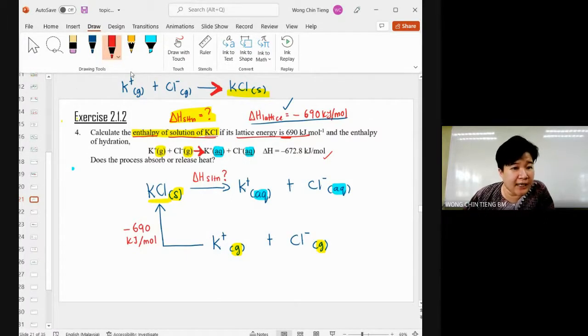Arrow menghala ke aqueous. Jangan terbalik sayang, arrow akan memainkan peranan yang penting kat sini. So arrow menghala ke aqueous. Aqueous, gas. So arrow menghala ke atas. Setuju? Okay. And value dia adalah negatif 672.8 kilojoule per mole.